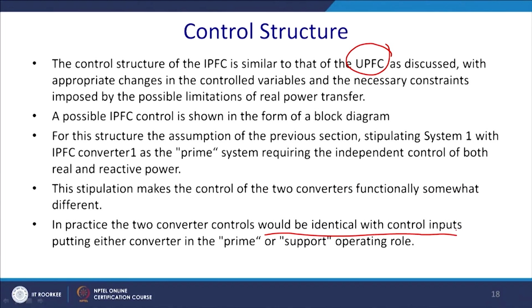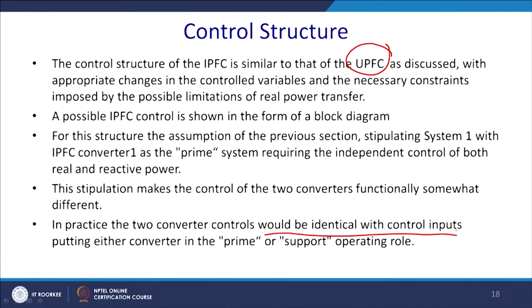Subsequently, the logic of the second IPFC will be followed. The stipulation makes the control of the converter functionally somewhat different. We will see that. In practice, the two converters' control would be identical with the control input, putting one converter as prime and another converter on support.